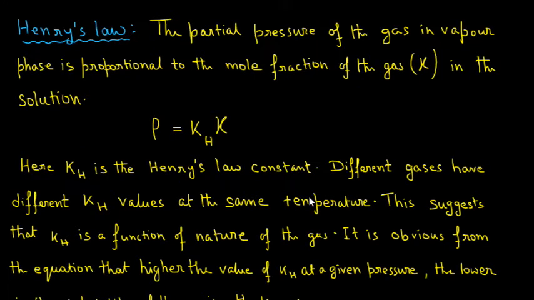Henry's law: the partial pressure of the gas in vapor phase is proportional to the mole fraction of the gas X in the solution. So P is equal to KH X. Here KH is the Henry's constant.